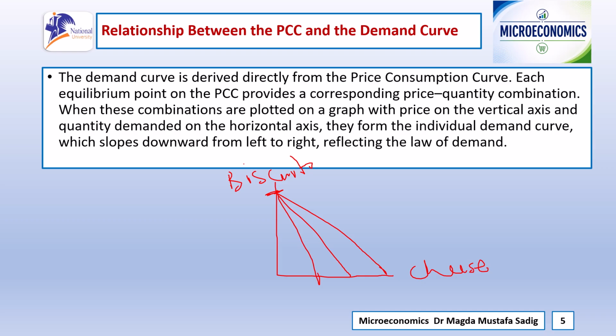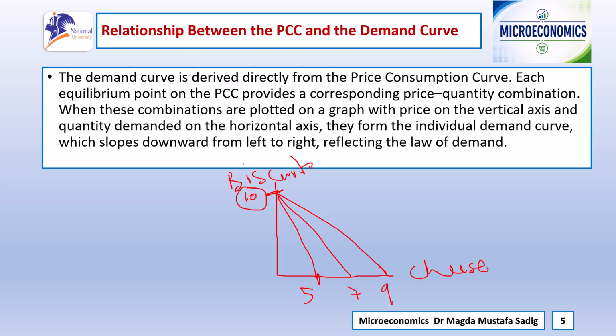Whenever cheese becomes cheaper, the budget line rotates outward, and we expect that we buy more cheese, and we buy the same amount, for example, of biscuits. Whenever cheese becomes cheaper, the budget line rotates outward, allowing the consumer to purchase more cheese. The consumer reaches a new equilibrium each time.